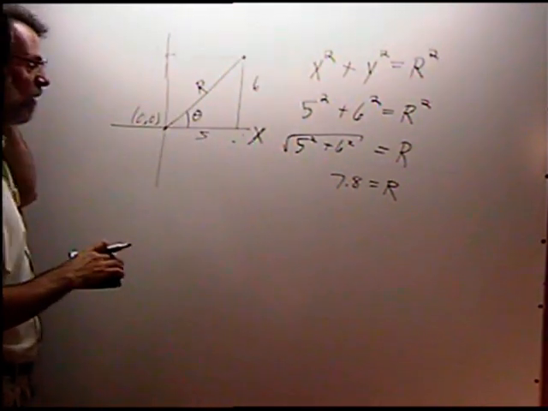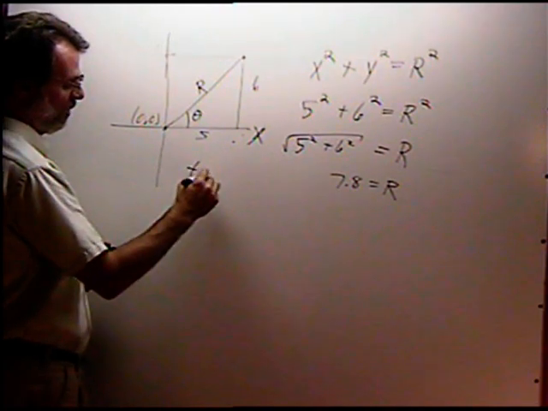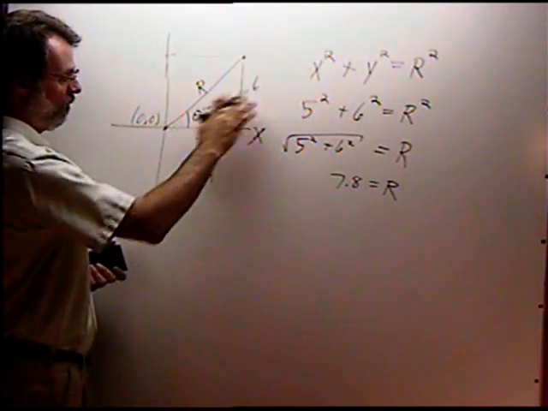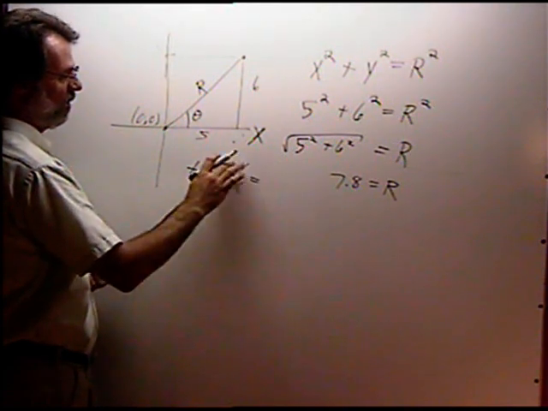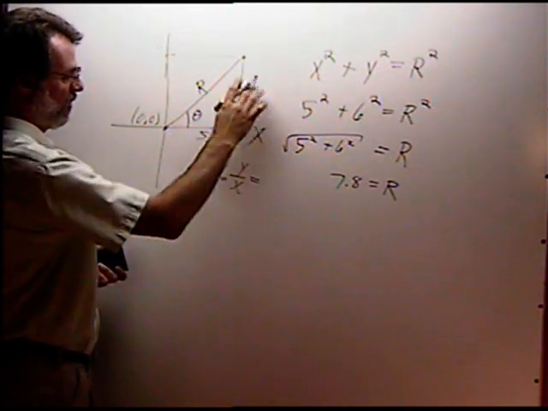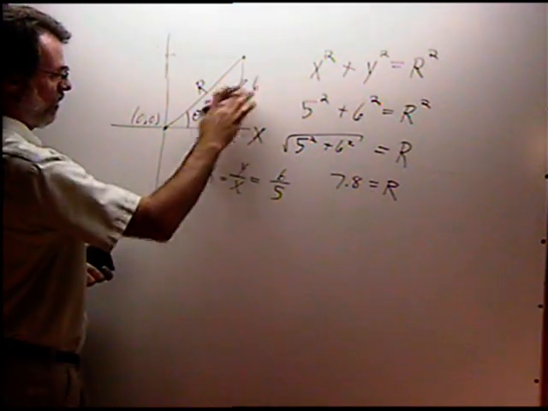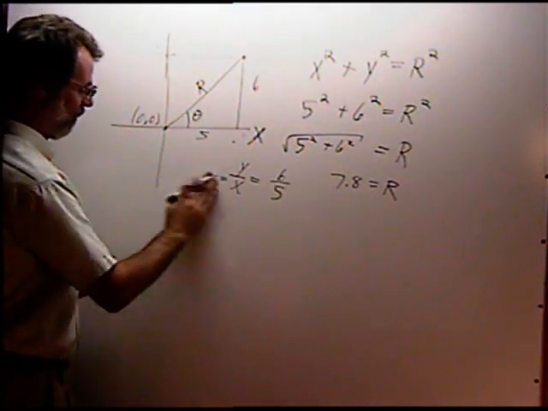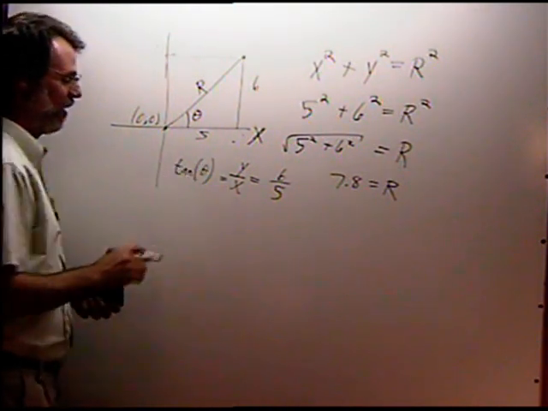Now what about this angle? Remember the tangent function. The tangent is the opposite over the adjacent, or y over x, which is 6 over 5. So the tangent of that angle is 6 over 5.